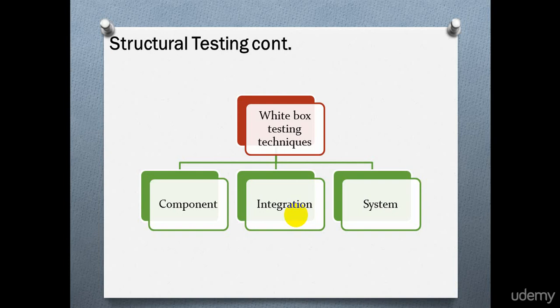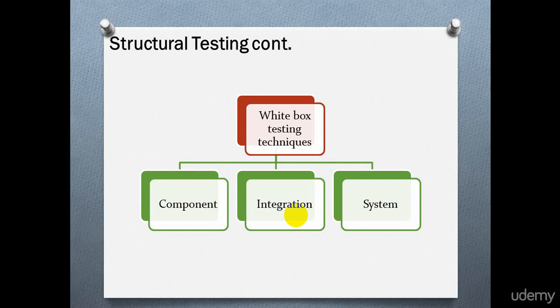White box testing techniques can be implemented at various levels such as component, integration and system. At component level, we test the code itself, such as the statements and decisions.